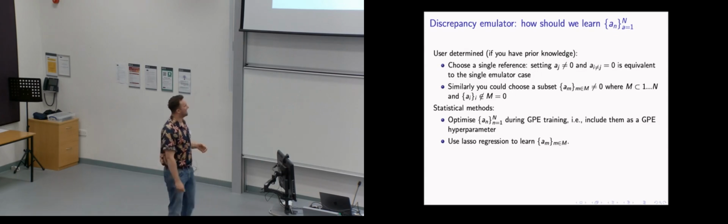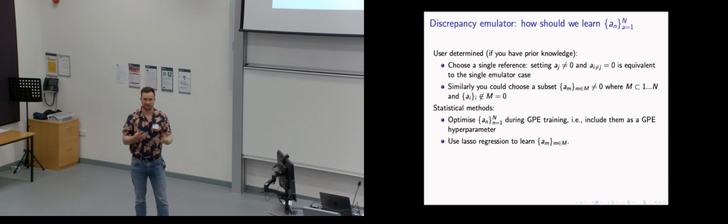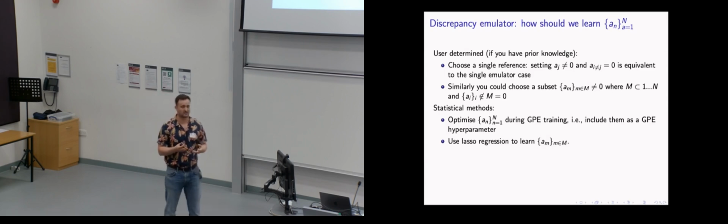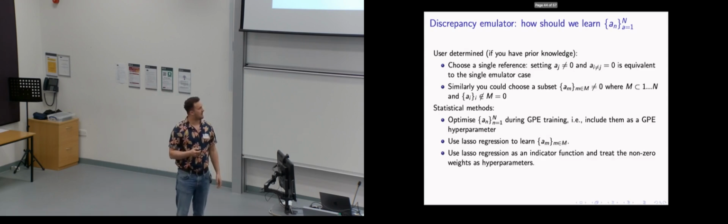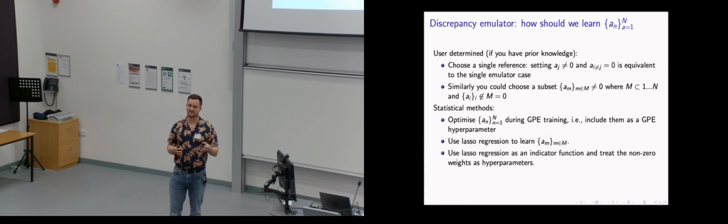Cool, great. Essentially, we thought, if we use lasso regression, we can reduce our subset, which means we reduce the number of things we have to learn. And so either you could learn those weights just by lasso regression and pass those values in, or you could use lasso regression as an indicator function and then learn those non-zero weights as hyperparameters.